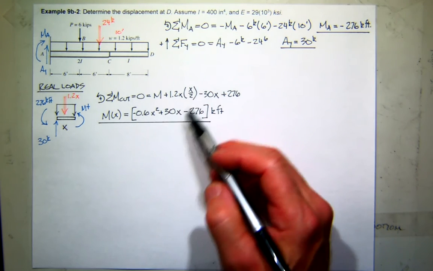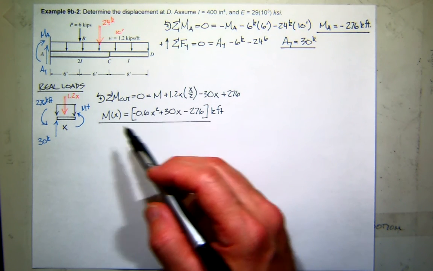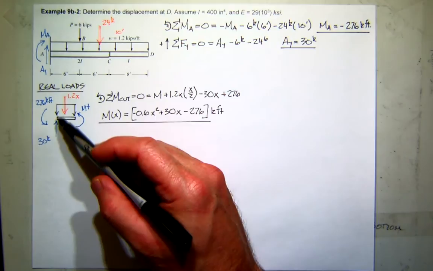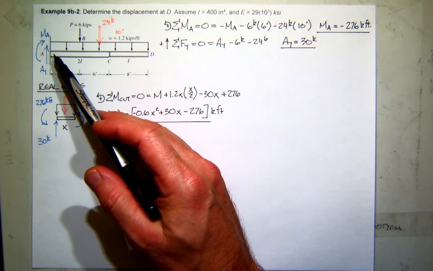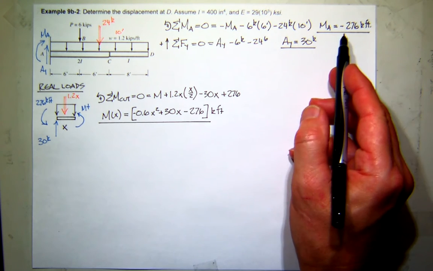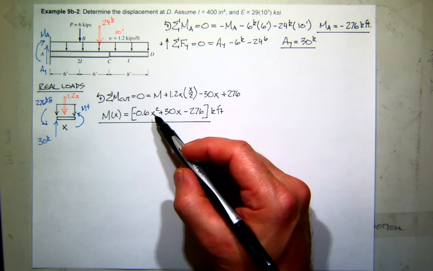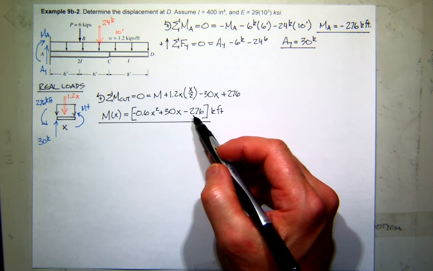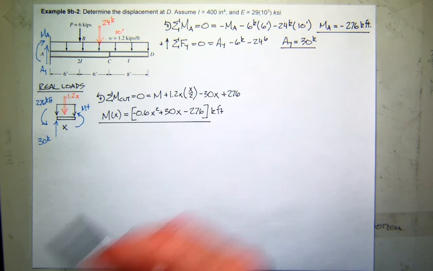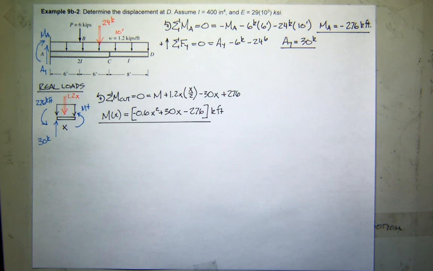Now the only thing I can check with this equation right now is I know the moment at x equals 0, or A, has to be equal to negative 276. And if you put in x equals 0, you do in fact hit negative 276.